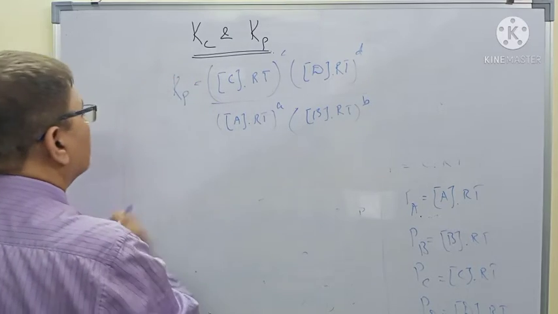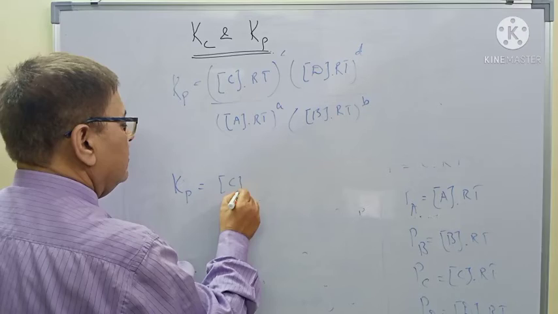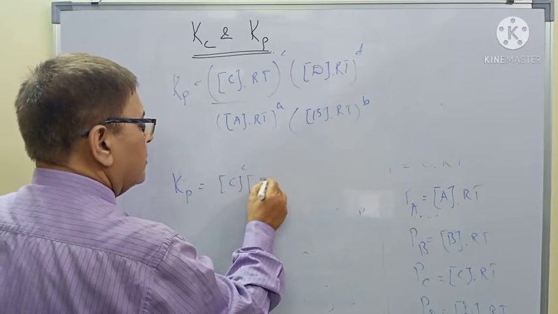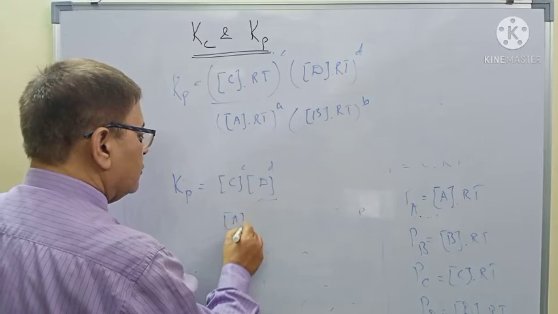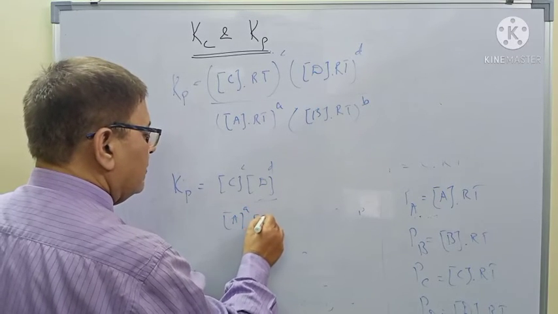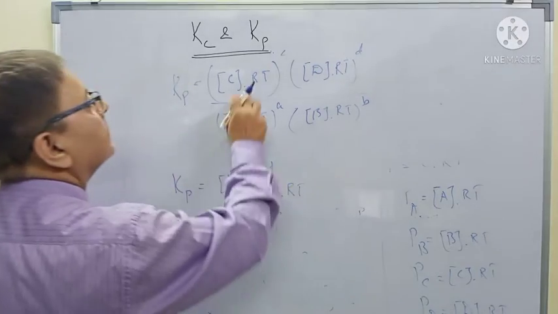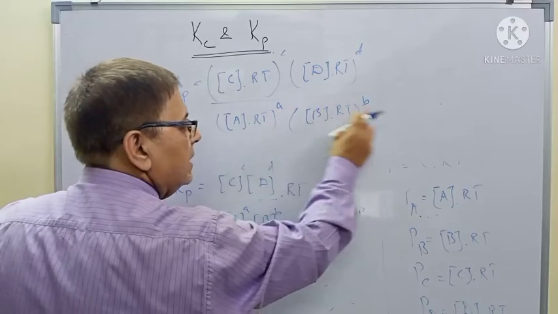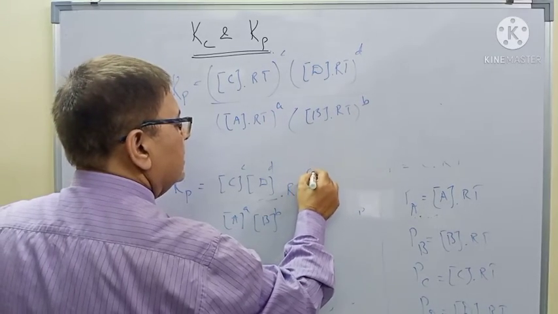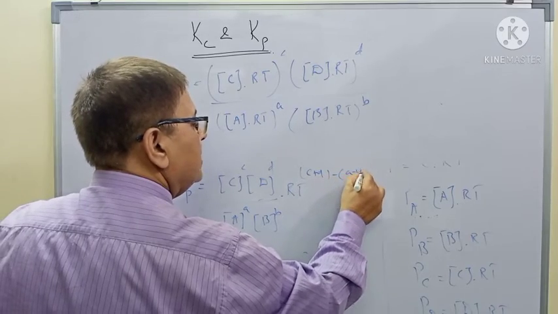See here, therefore Kp will be equal to concentration of C raised to c into concentration of D raised to d upon concentration of A raised to small a into concentration of B raised to small b into RT raised to (c plus d) minus (a plus b).